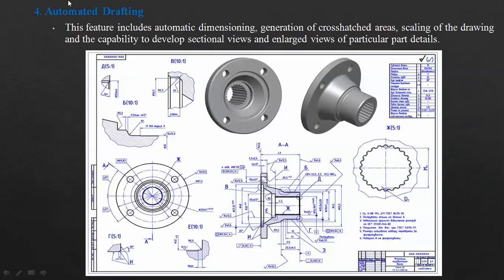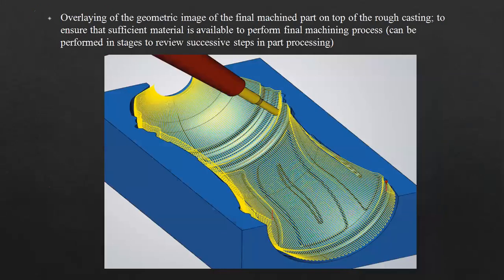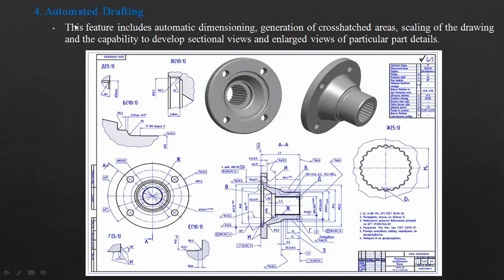The last one is automated drafting. So once the part is finalized, you'll go for drafting. Conventionally the draftsman used to draw it, but in automated drafting, you'll use software. You have already modeled in the software. Now you will draft it on a piece of paper, like you will take that paper in the software, any size, depending on the size of the drawing.